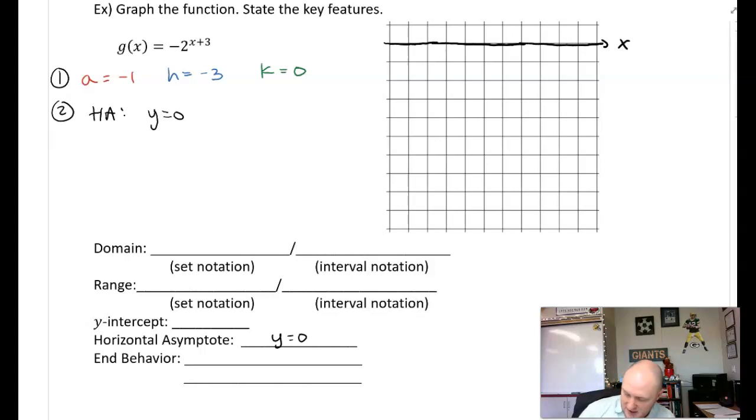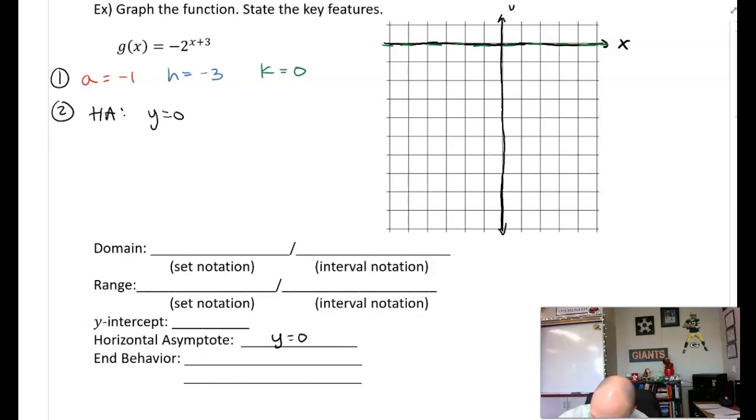So the x-axis is fine there. And I'll go ahead and place my asymptote right on top of it. And then my horizontal shift is left 3. So I'm going to go ahead and place my y-axis more down the middle. So let's go ahead and place it here, down the middle.